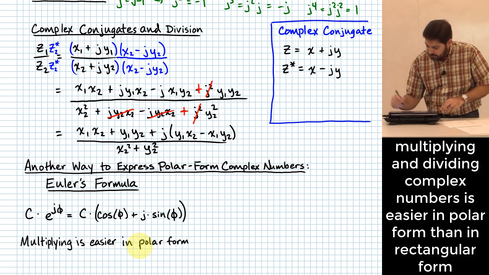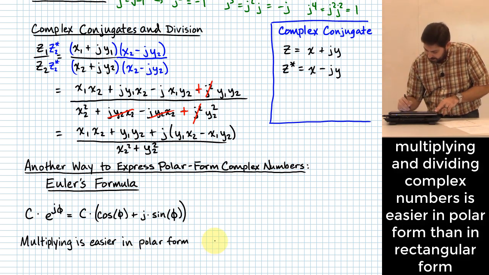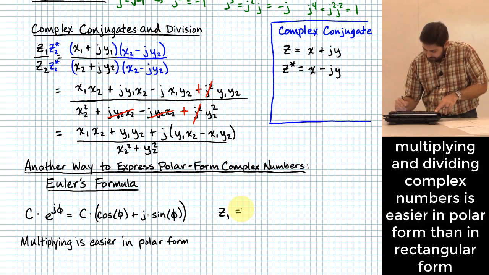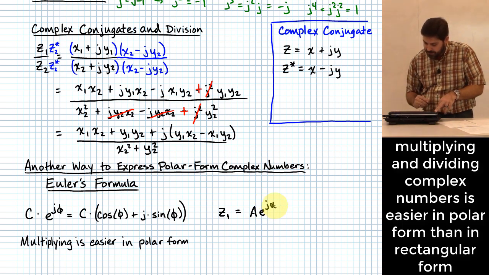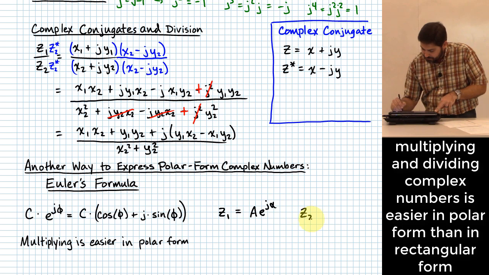Okay. So let me show you an example of this. Let's say that I have z1 is equal to, I'll just pick some variables here. Let's say I have capital A, e to the j alpha. Just pick something here. And then I say z2 is equal to b, e to the j beta.